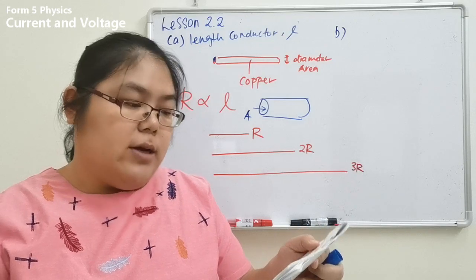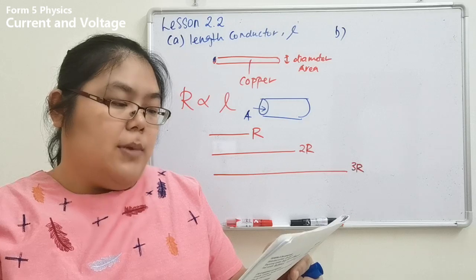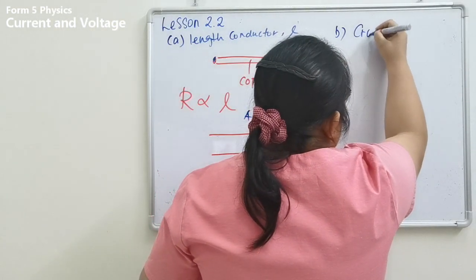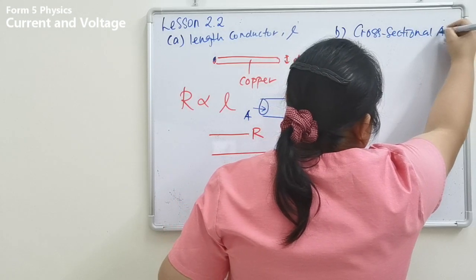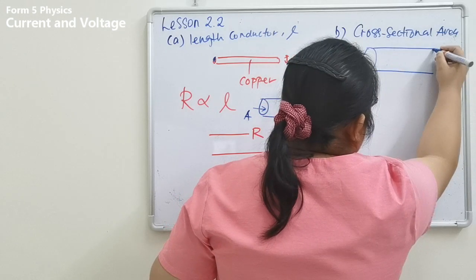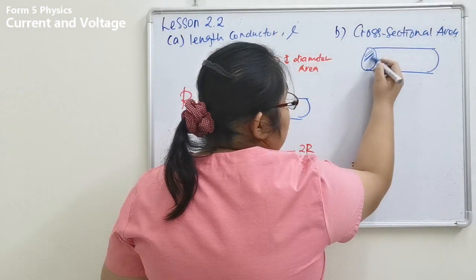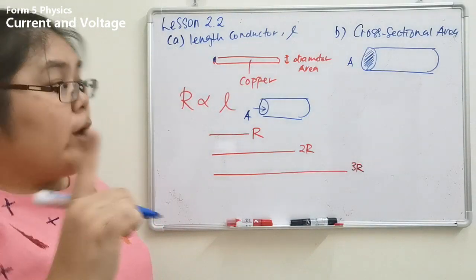So now this is the second factor. They say for the conductor, the same material, the length is also the same. So I draw it. This one is a wire, and the cross-sectional area is this surface. For example, this one is A, the area is 1A.